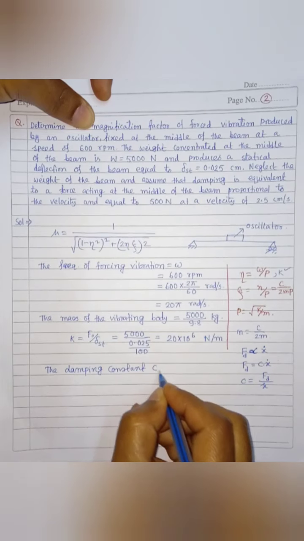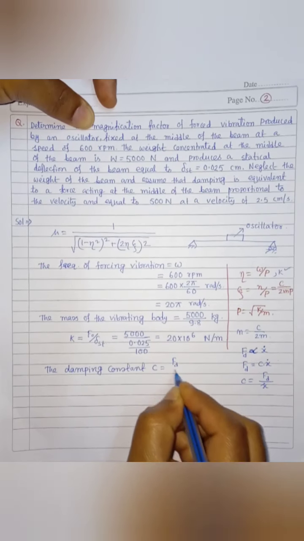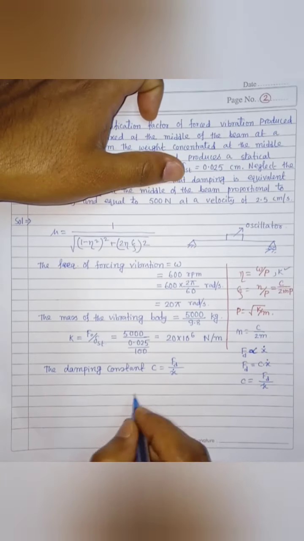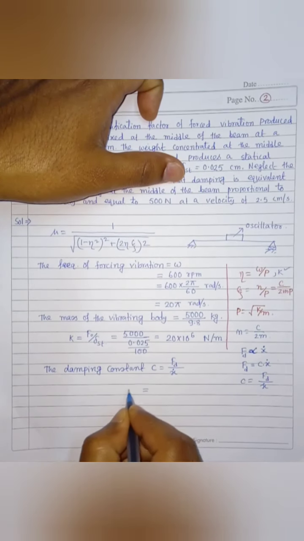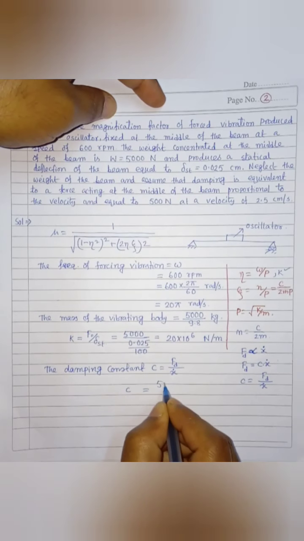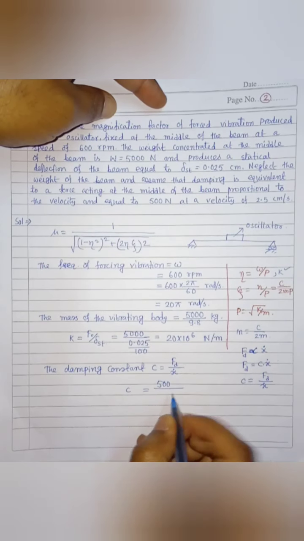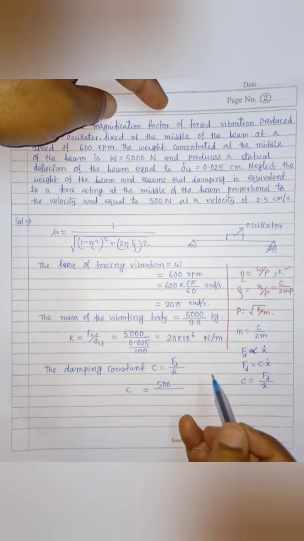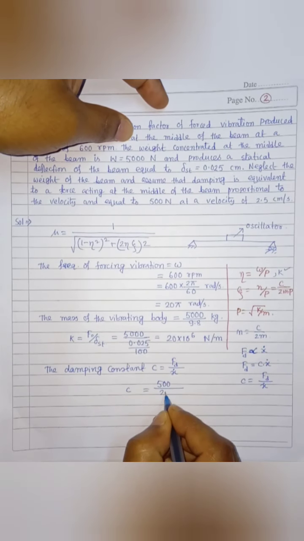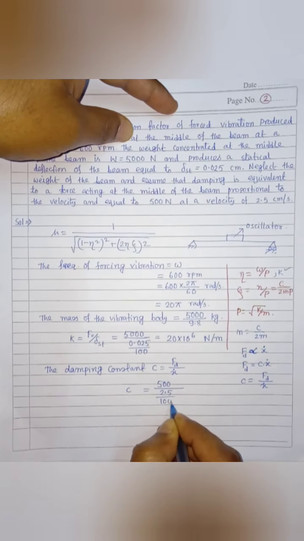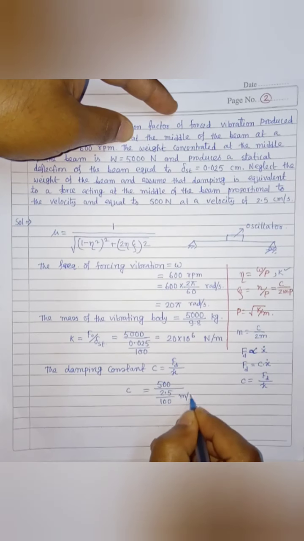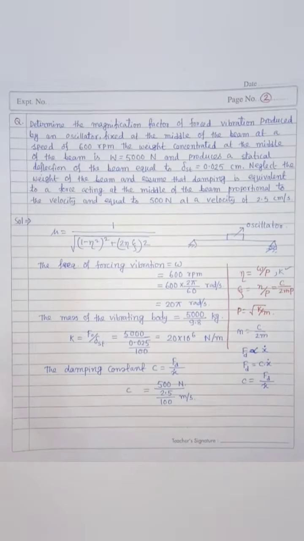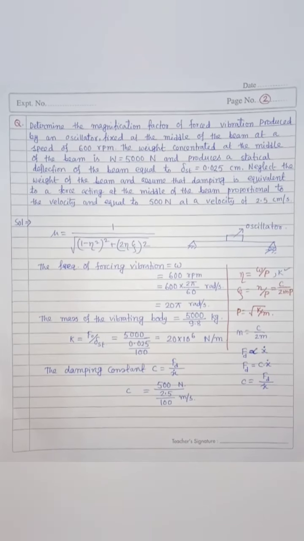Damping constant c is equal to Fd by x dot. So c is equal to 500 by x dot. This x dot is the velocity, it is in centimeter per second, so we have to convert it into meter per second. So 2.5 by 100 meter per second. Then it is Newton.